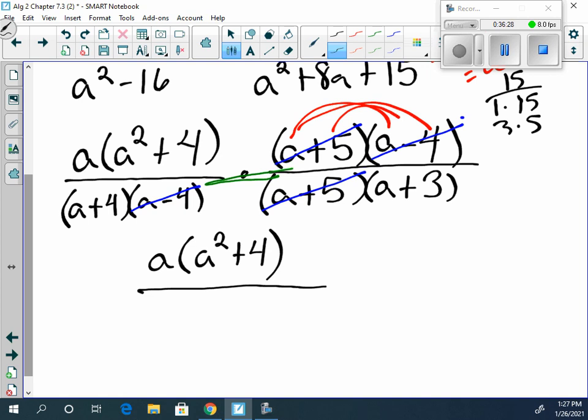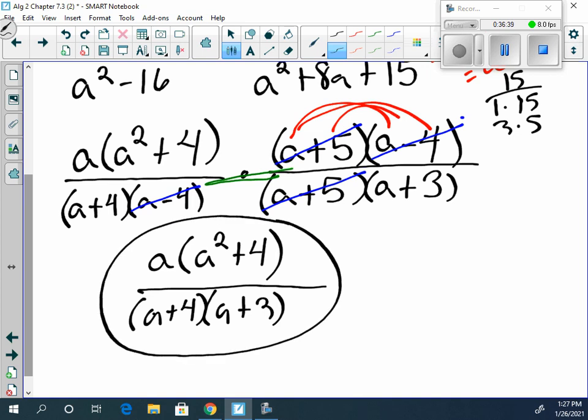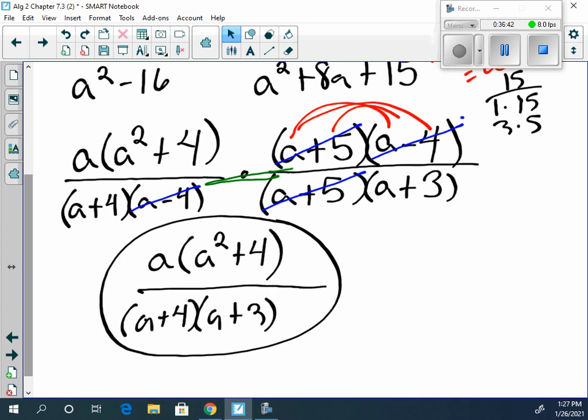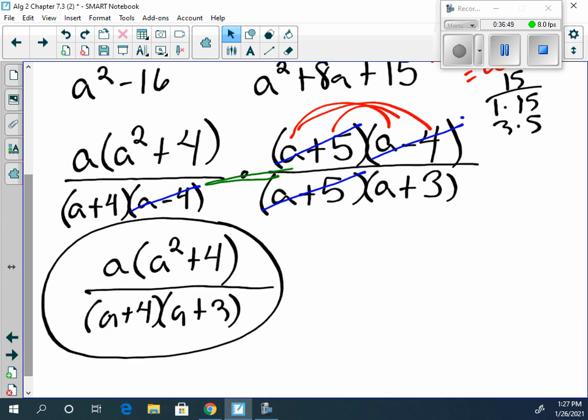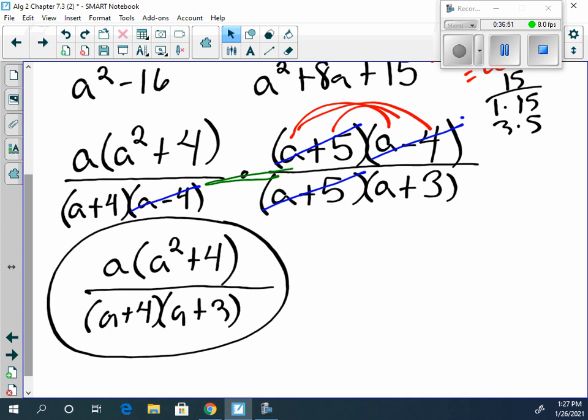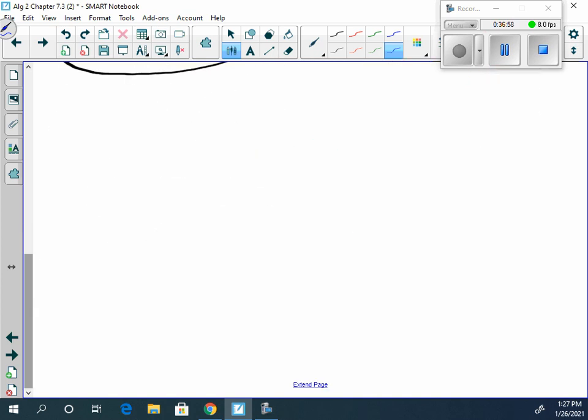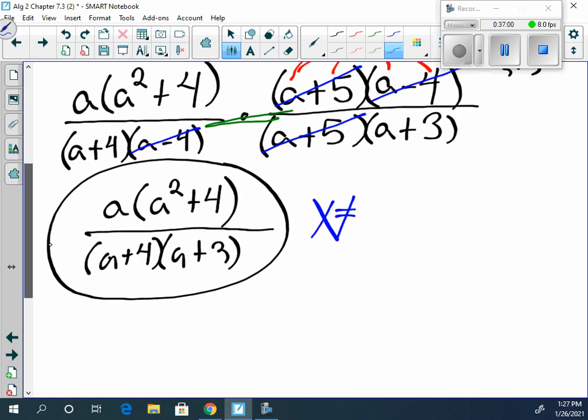And on bottom, I have a plus 4 and a plus 3. That's what we get here.